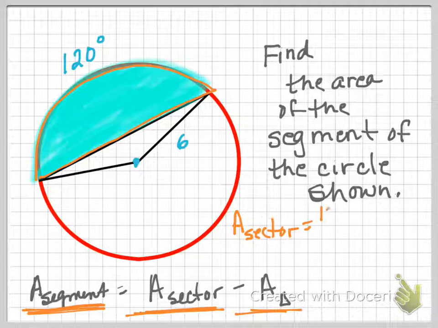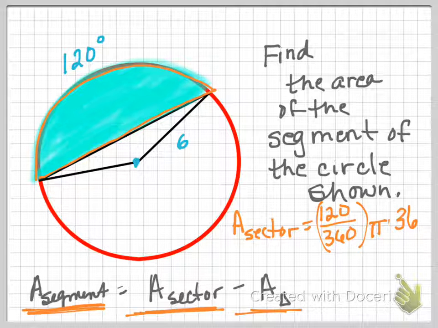I've got 120 over 360 times the area of the circle, which is pi r squared. My r, let's go ahead and put that in. What is my radius? That is 6, so that's going to be 36.